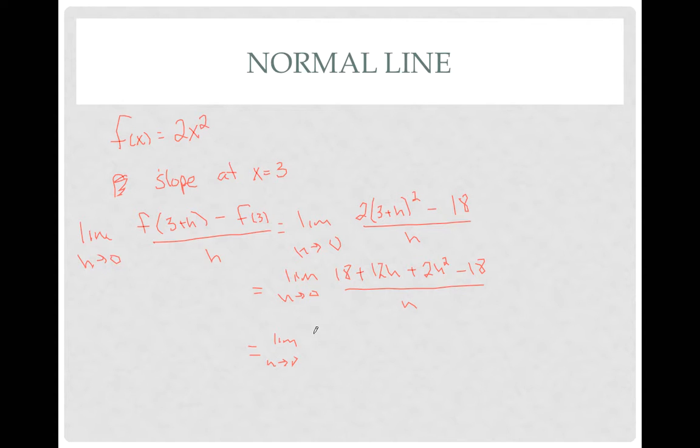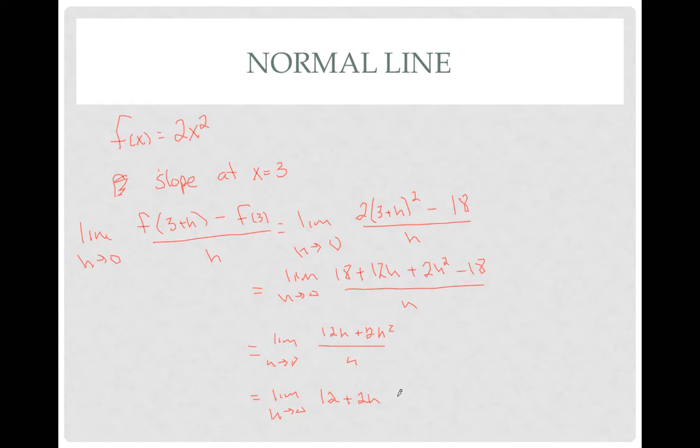You might remember this from last year. 18 minus 18 is 0, so I get 12h plus 2h squared over h. The h cancels, so I get 12 plus 2h.